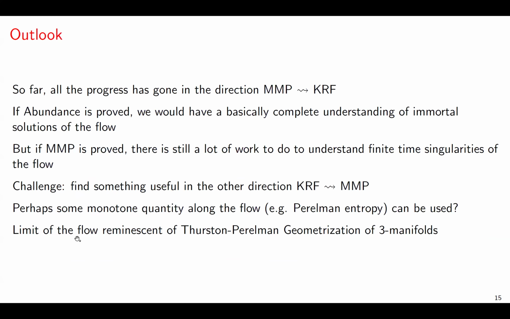Another point is that this picture that arises from the Cascini-La Nave and Song-Tian picture is highly reminiscent of the Thurston and Perelman geometrization of three manifolds, but this should be taken with a huge grain of salt. The limiting geometric pieces would be these Einstein or twisted Kähler-Einstein metrics, or in the Fano case, those solitons.